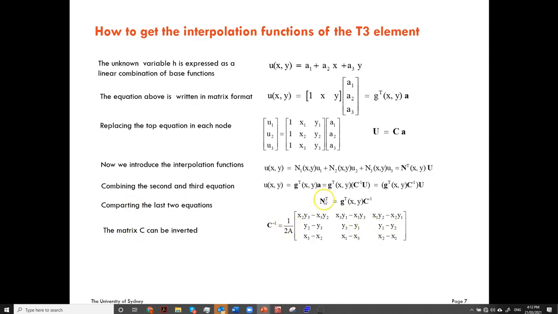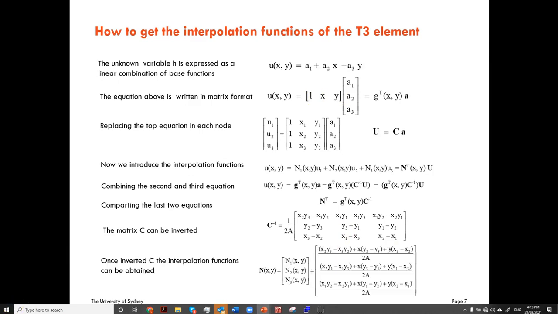So the interpolation functions are calculated by this row vector multiplied by this matrix. So here is the final expression for the interpolation functions. That is the same as the one obtained in chapter 1 of the lecture notes.